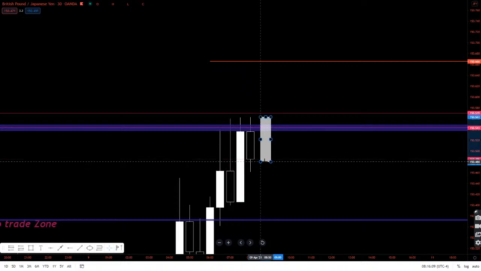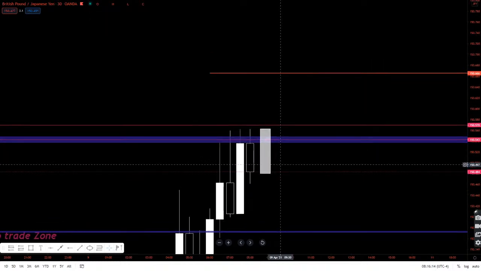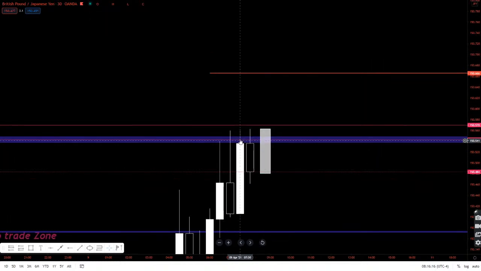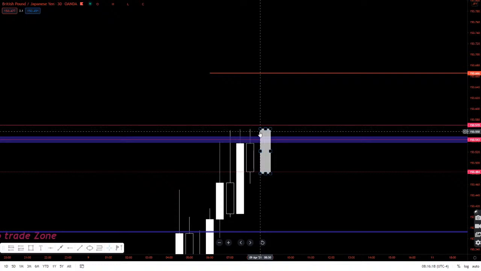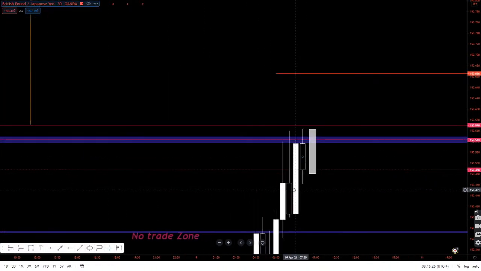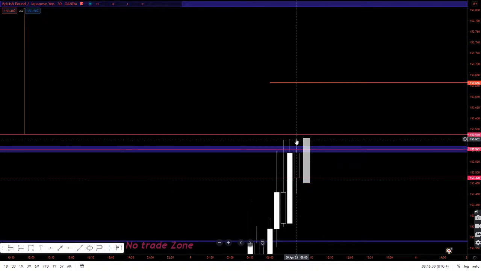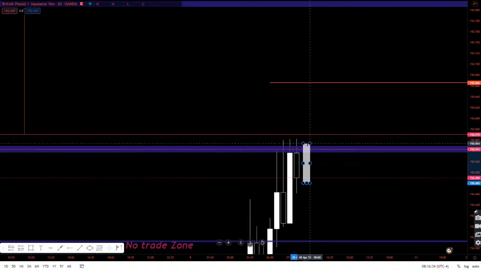What I am looking for now is for price to do something like this. You would need a candle to break and close above this level, looking something like this. And as the next candle creates a lower, we can start to push above this area. Then you can go ahead and take the buy.